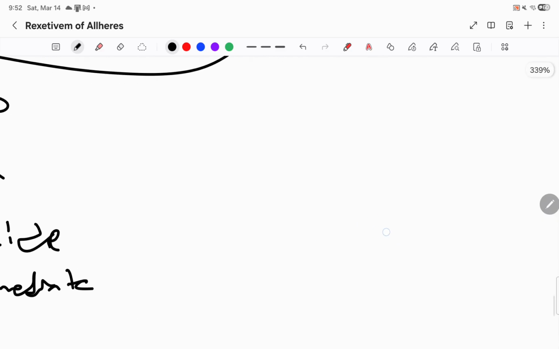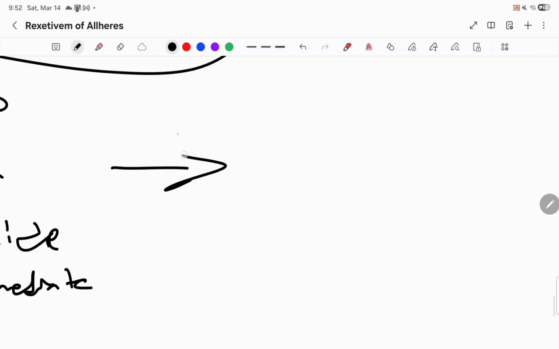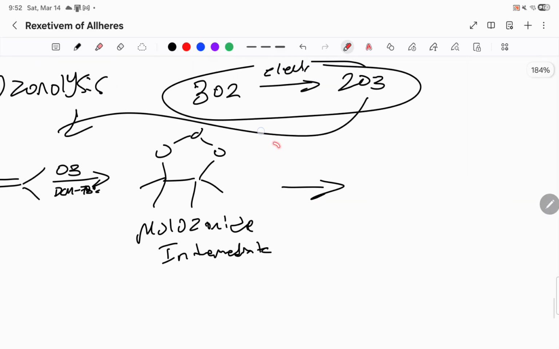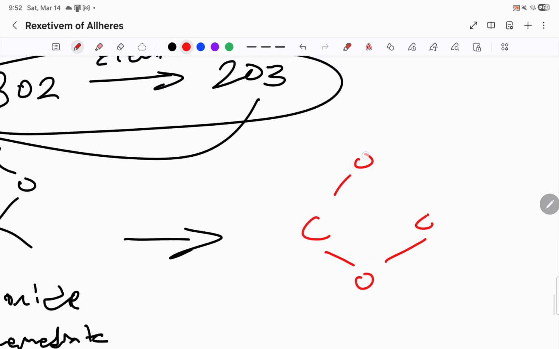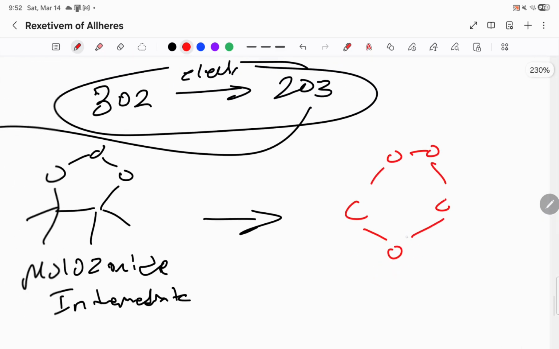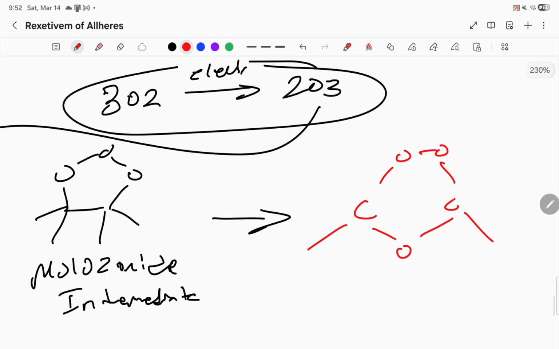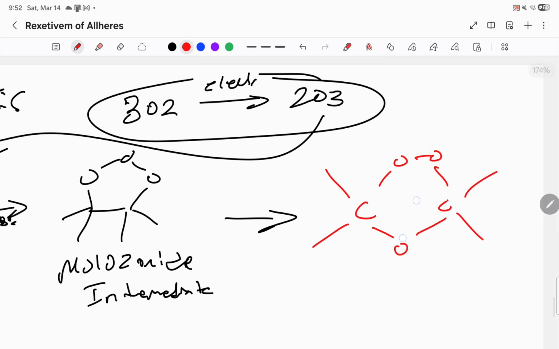And throughout the course of the reaction, the molozonide intermediate will rearrange itself to give us an ozonide. Okay, so that's where essentially you have this O, the carbon, and the O, and you still have your bonds intact. So this is an ozonide.